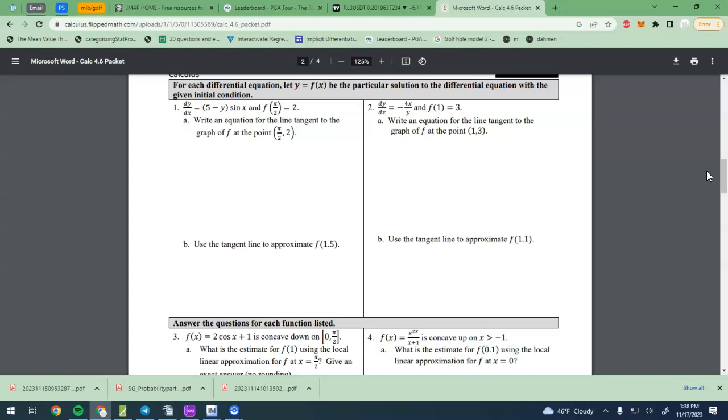Then enter. So that's your answer. And then it would be, you know, the units on it.